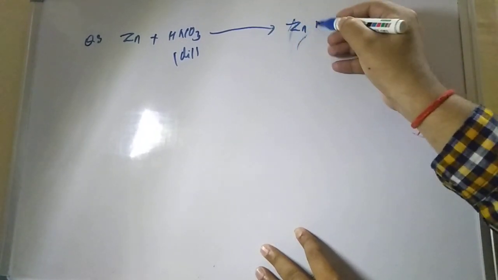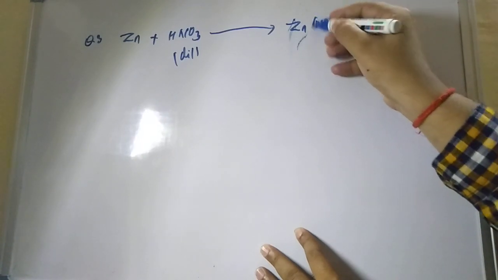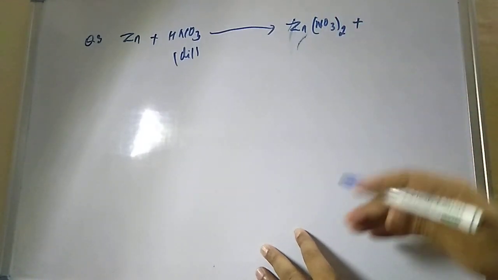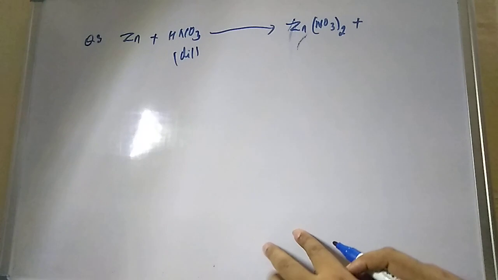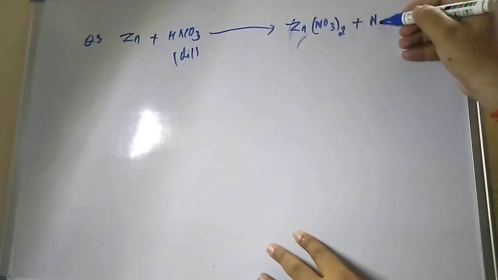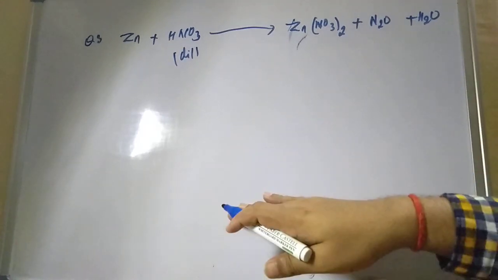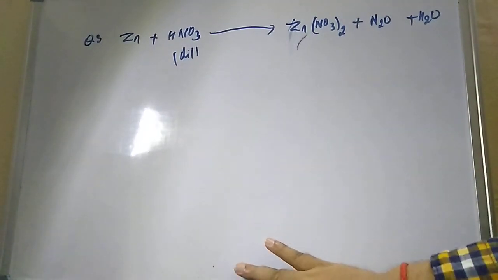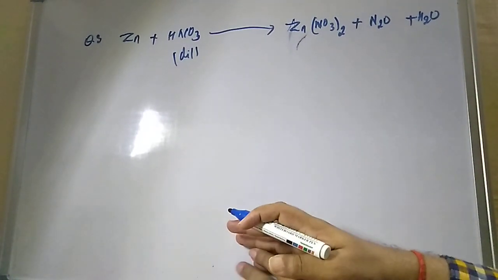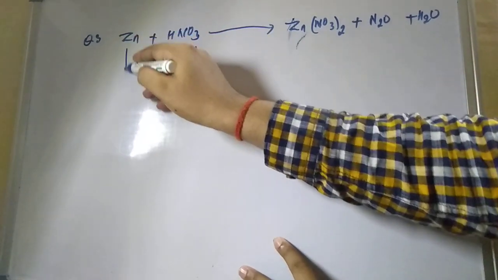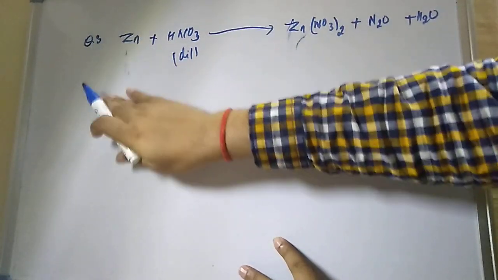Zn(NO3)2 is common, there is no problem in it. Plus what it will give: N2O, plus H2O.